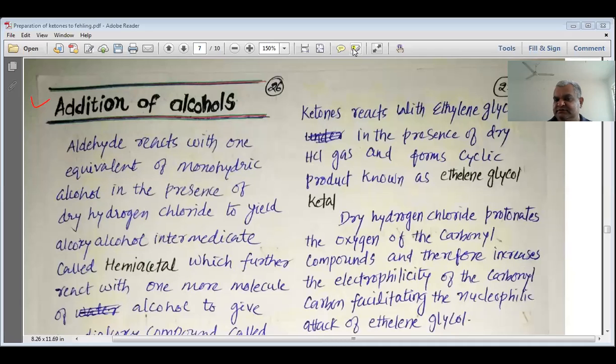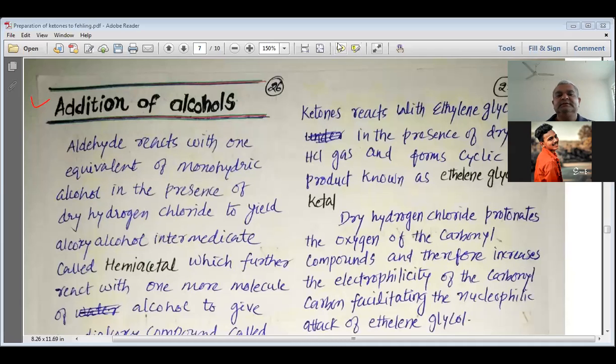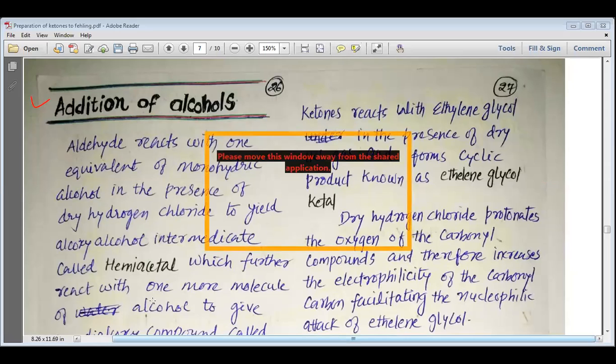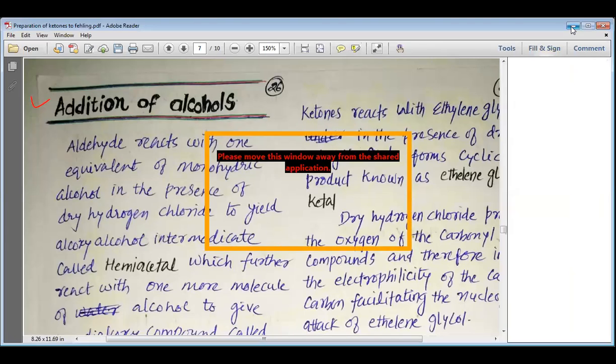Understood, sir. Thank you, dear students, for your generous replies, and I'm so happy that you have understood everything. Let's move forward.